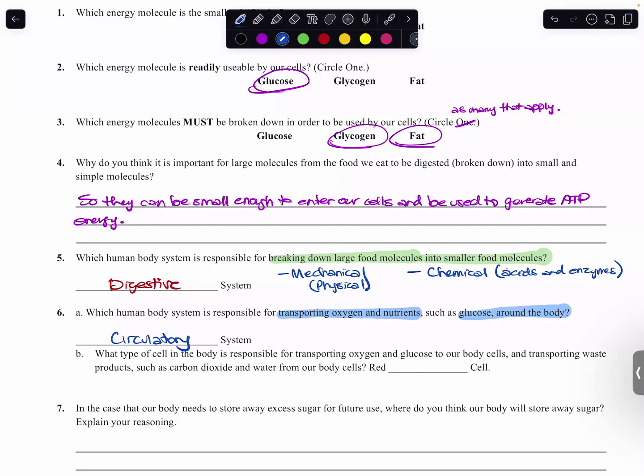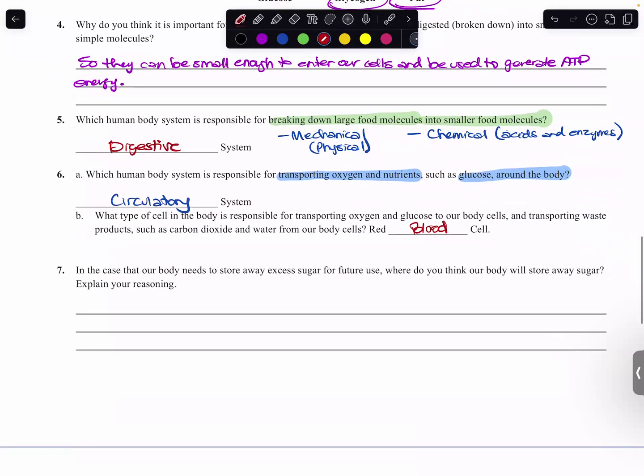Now, what type of cell in the body is responsible for transporting oxygen and glucose to our body's cells and transporting waste products, such as carbon dioxide and water, from our body cells? And we have a prompt here: red blood cell, RBCs, red blood cells.